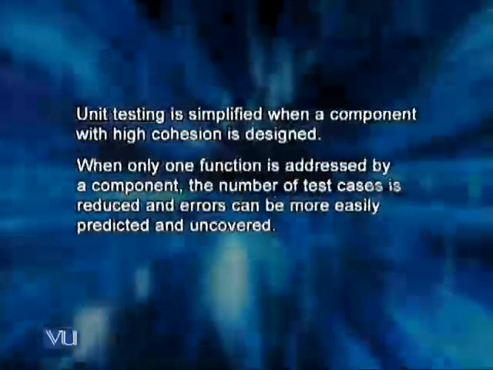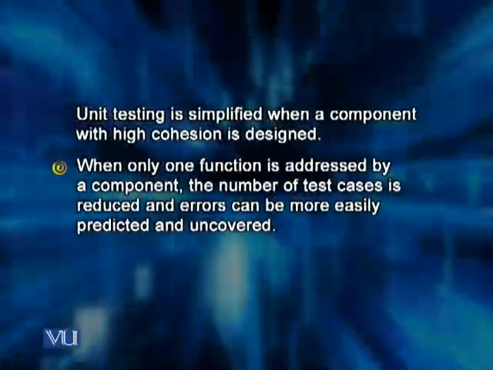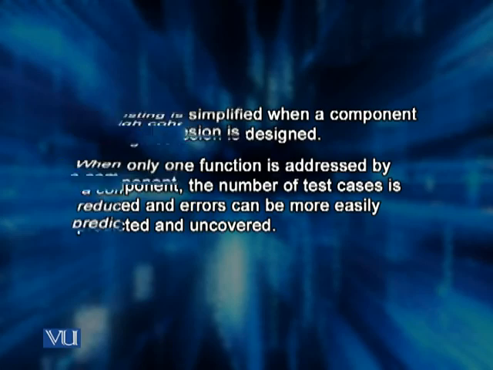So if the components were designed with cohesion and they were programmed with cohesion, it is easier to test them at the unit testing level. When only one function or one concern is addressed by a component, the number of test cases is reduced and errors can be more easily predicted and discovered. So again, that relates to the same concept.